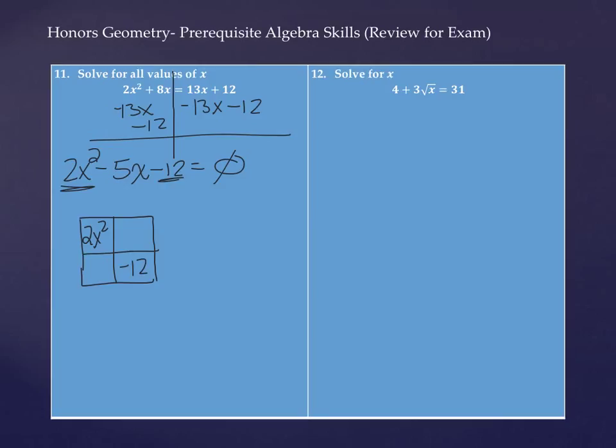And the way we do that is we take a and c and we multiply them together. In this case, you've got to grab that sign. So 2 and a negative 12 is negative 24. So we're looking for factors of negative 24 that sum to this coefficient here, negative 5.